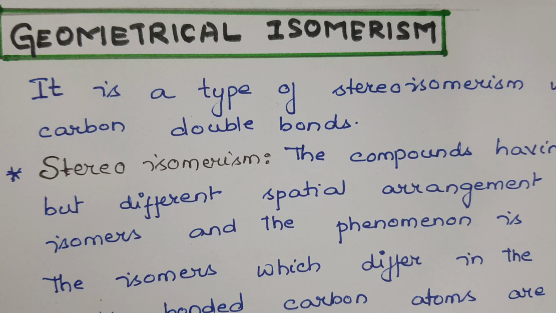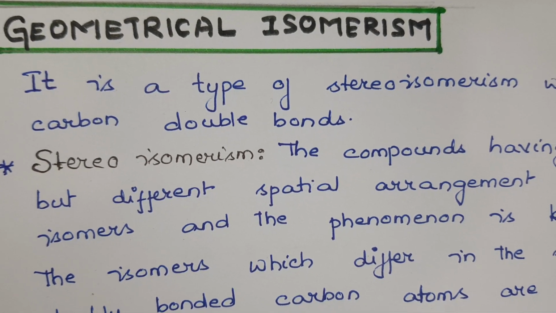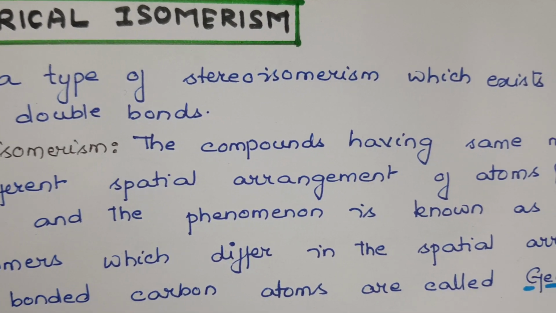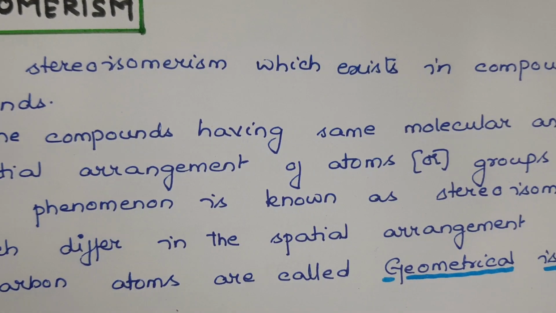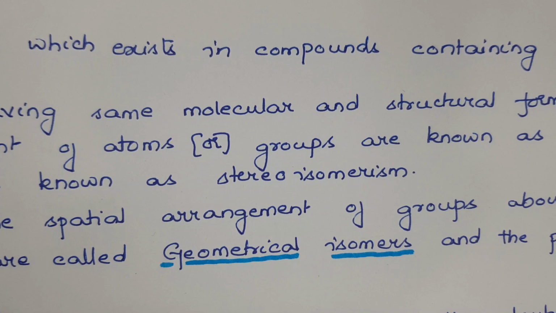That means where there is a double bond between two carbon atoms, in such compounds we can find this geometrical isomerism. Okay, students. So I have mentioned the first sentence that it is a type of stereoisomerism which exists in compounds containing carbon-carbon double bonds.